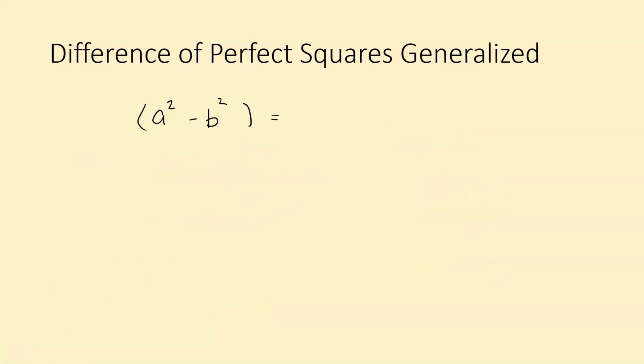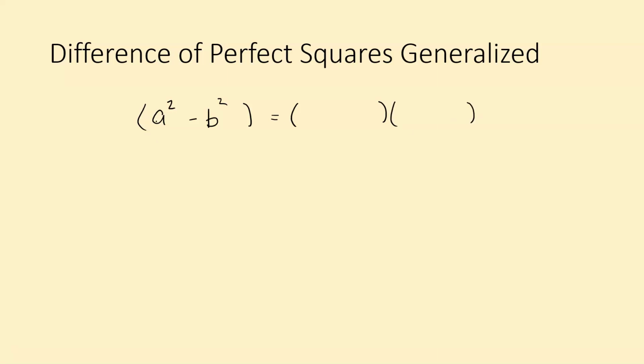We like the difference of perfect squares because we can generalize it very easily. Once we recognize it's a difference of perfect squares, there is a way that we can factor this that works every time. So here I have my difference of perfect squares, a squared minus b squared. Those are both perfect squares.